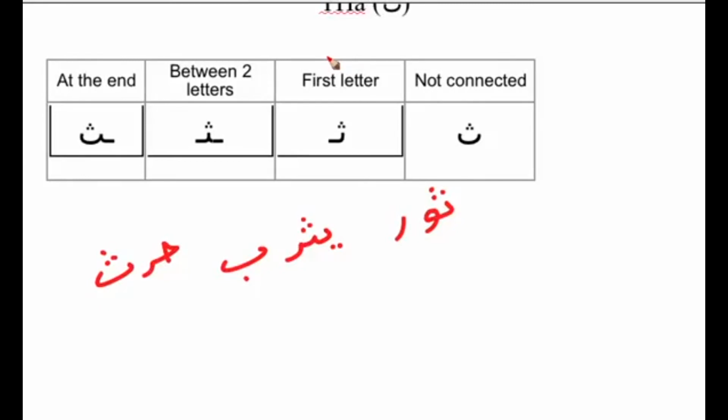Like in the Quran it says, your woman is your harth, which means your woman is the same as a field, you dig in it, in a very insulting way. So harth means you dig to put a seed. The letter Tha here is coming at the end. Let us highlight it. This is harth, and this is the last letter in the word.